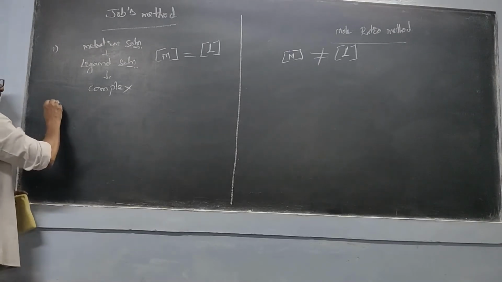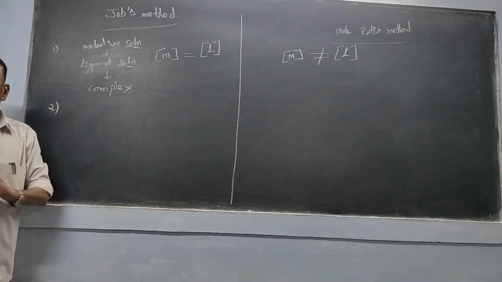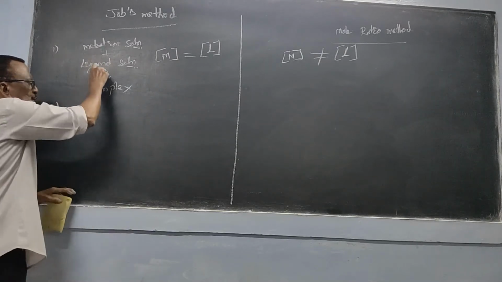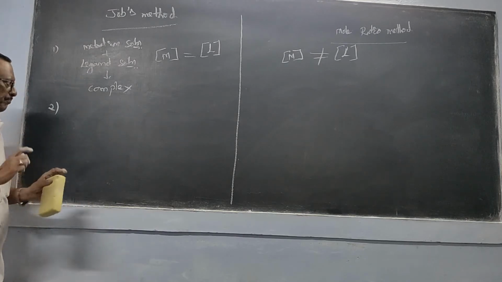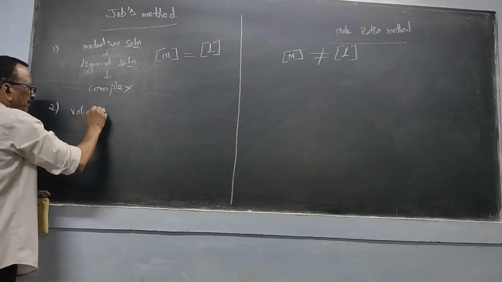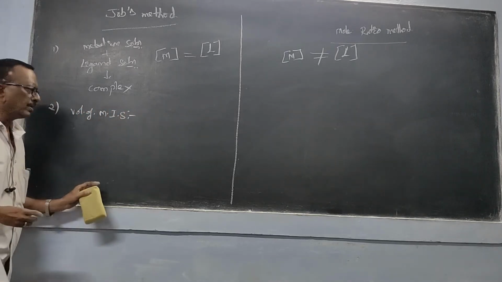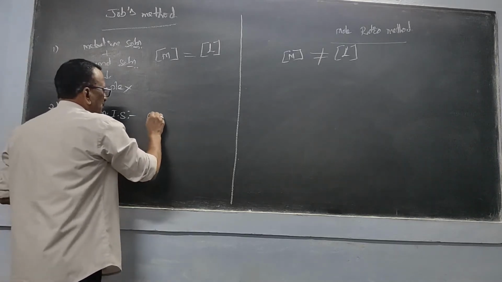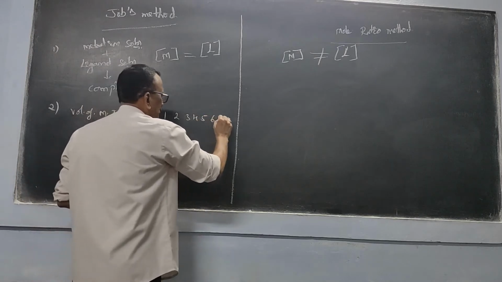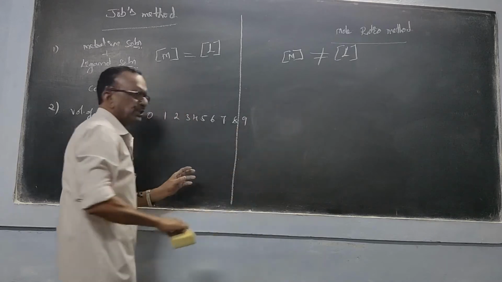Now, secondly, let us take 10 test tubes and mix these solutions in such a manner that, for example, the volume of metal ion solution is 0, 1, 2, 3, 4, 5, 6, 7, 8, 9, from 0 to 9.